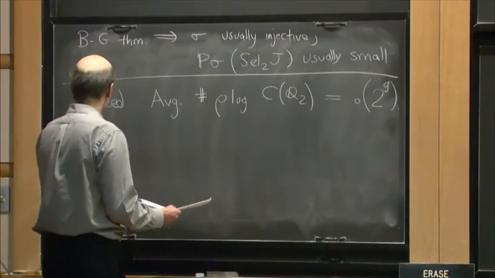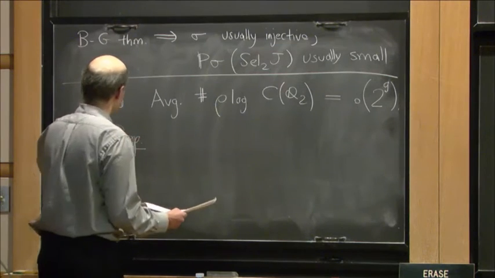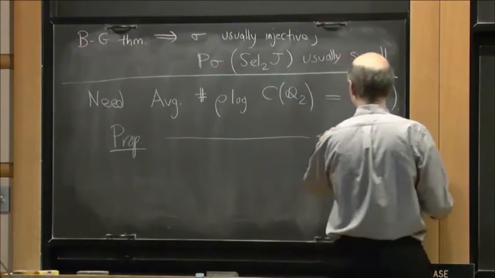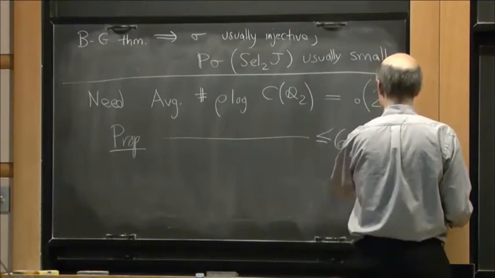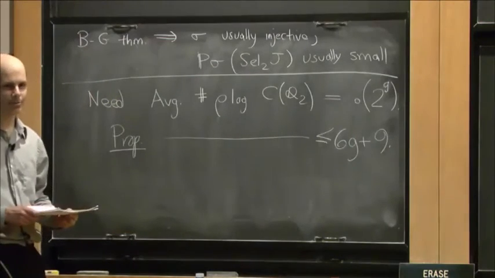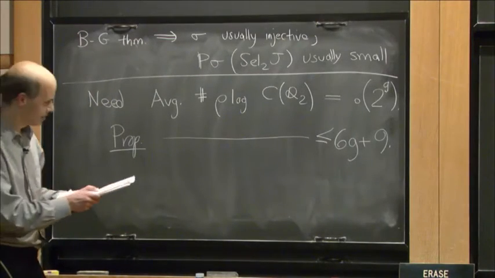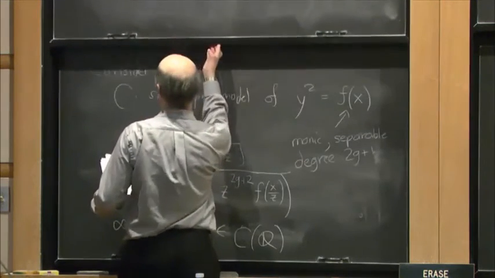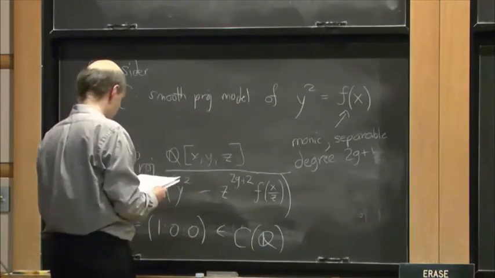And what we actually prove is that this average is at most 6g plus 9. Let me now explain where this comes from.